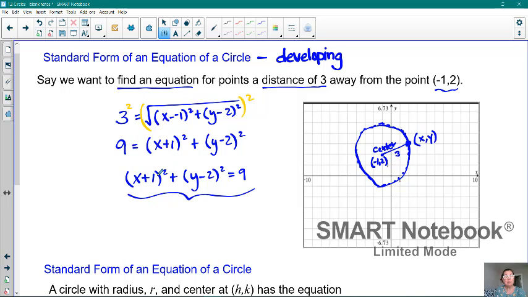When that's x plus 1, the center has an x value of -1. When this is minus 2, this has a y value of 2. And the radius is the square root of 9, which is equal to 3.